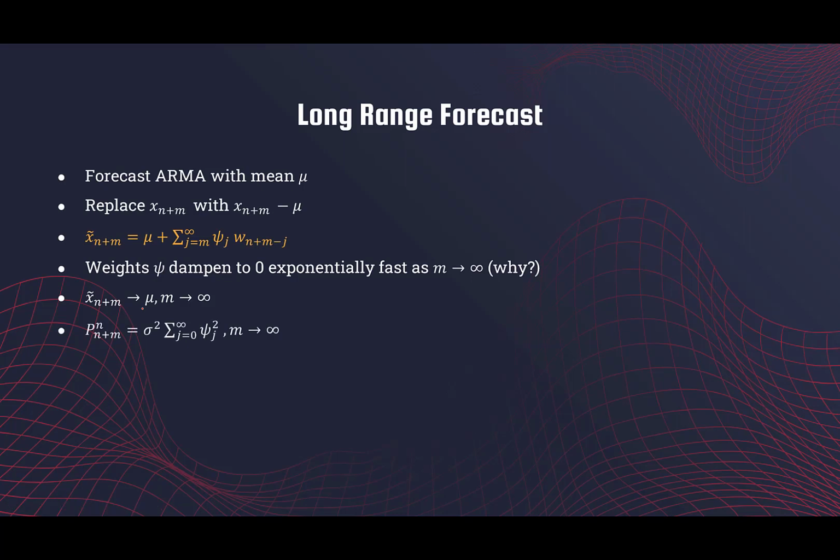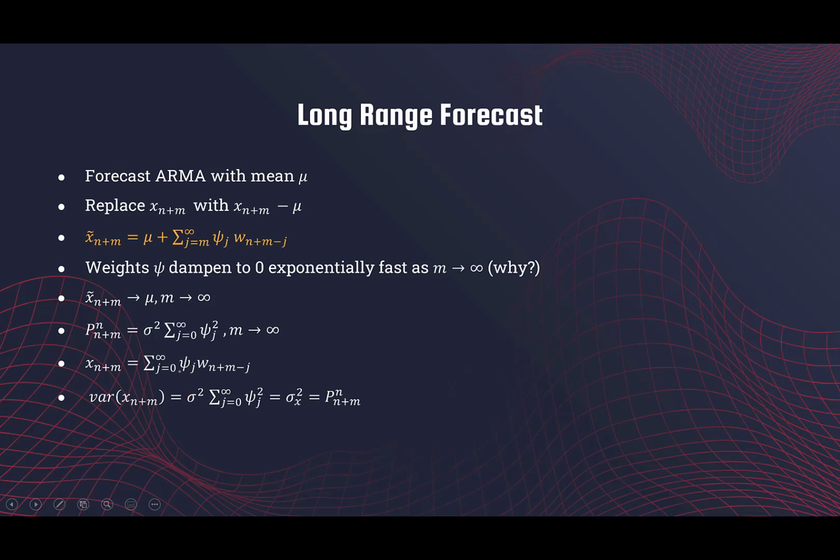Remember, this was the formula we obtained for the prediction error in the previous slide, and we know that x_{n+m} again has this form. This is again from the previous slide. So this is basically the causal equation. The variance of x_{n+m}, using basic rules about variance: the variance of w is sigma squared, and then we have this.